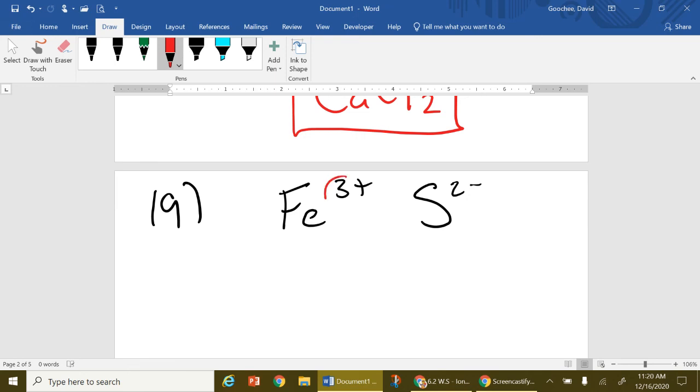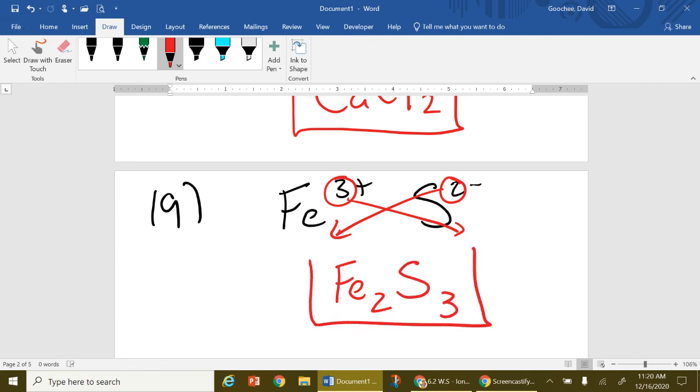So this iron is a 3 plus charge. That's going to leave us with 3 sulfurs. The sulfide has a 2 minus charge. That's how many irons we are going to have. So the formula will be Fe2S3. That is iron 3 sulfide right there.